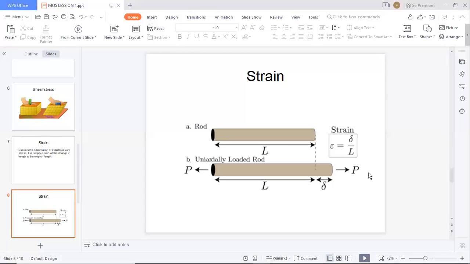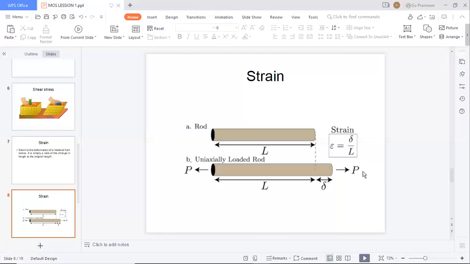If you give a compressive force, it will be contracted. If you provide the tensile force, the rod will be extended. If you provide the compressive force, the specimen will be contracted or shrunk.